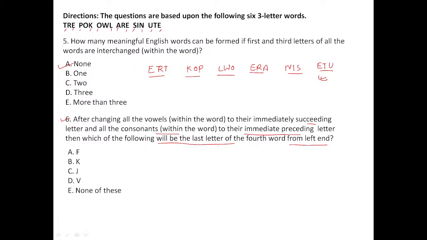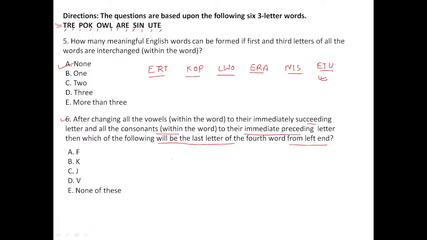Just manipulate these words following the statement in this question. For vowels we have to move +1, adding to the respective place value, and then write down the respective letters.